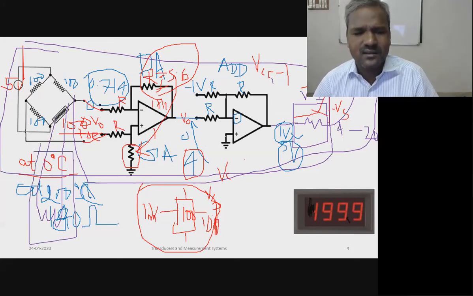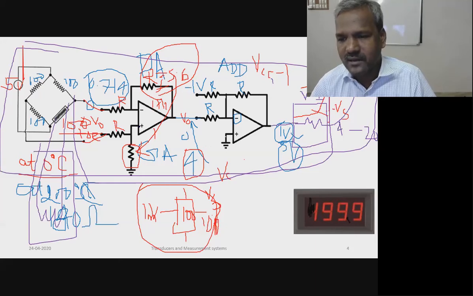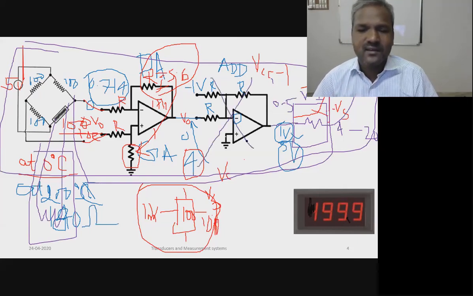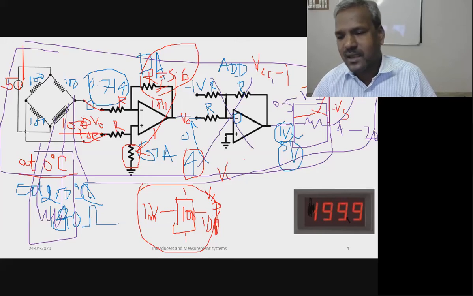If we convert this temperature range from 0 to 200 degrees Celsius as 0 to 5 volt, assume without this adder, whatever we get from the differential amplifier, 0 to 5 volt, is directly transmitted to the V2I converter. So at 0 volt input to the V2I converter, the output is 0 milliampere. When we give 5 volt input, we get 20 milliampere.